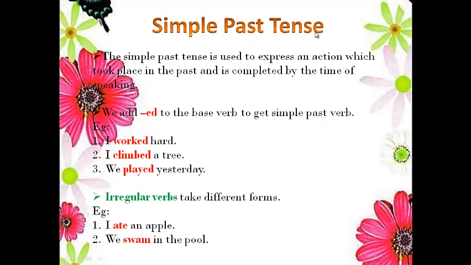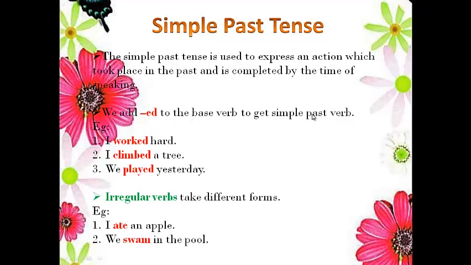Simple past tense. What is simple past tense? The simple past tense is used to express an action which took place in the past and is completed by the time of speaking. We add ed to the base verb to get simple past verb.